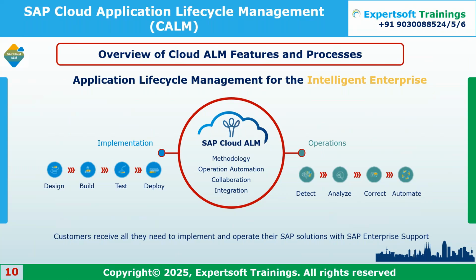SAP offers CTS transport management via Cloud ALM for on-premise solutions as well, by installing an add-on and setting up some configurations on the managed systems, and also a direct connection to Cloud ALM. So these on-premise solutions for S/4HANA can also be managed for the build purpose, deploying all the development to the production systems.